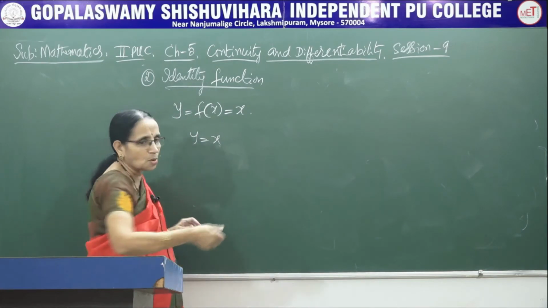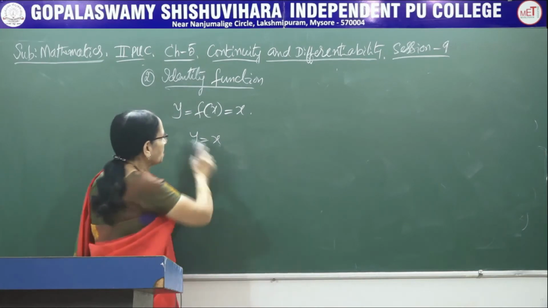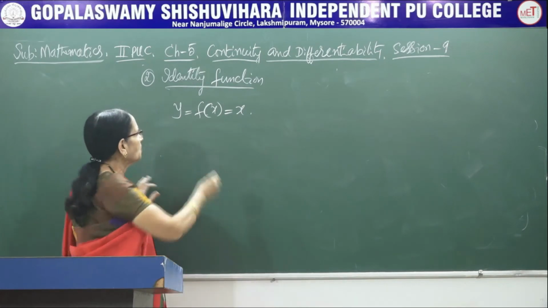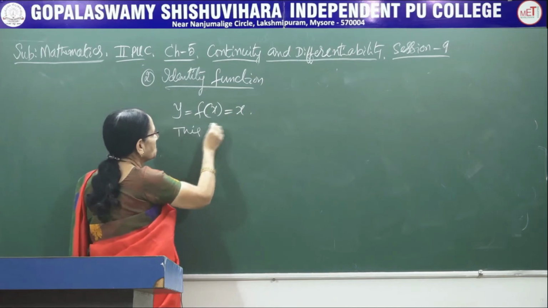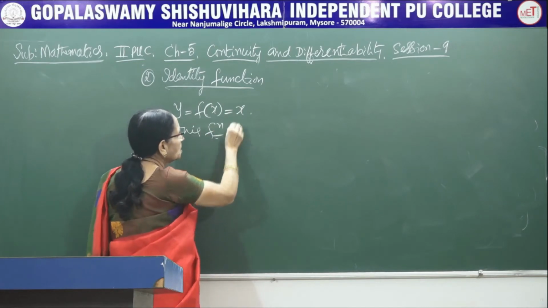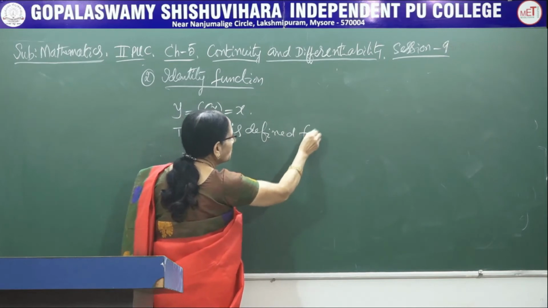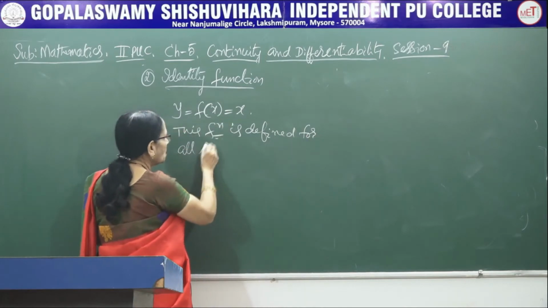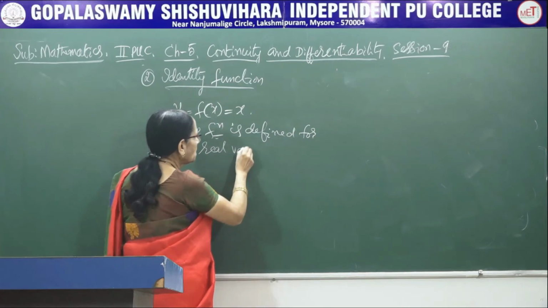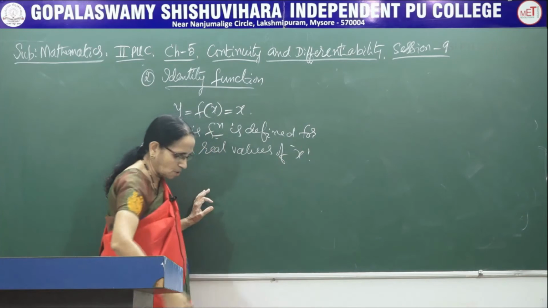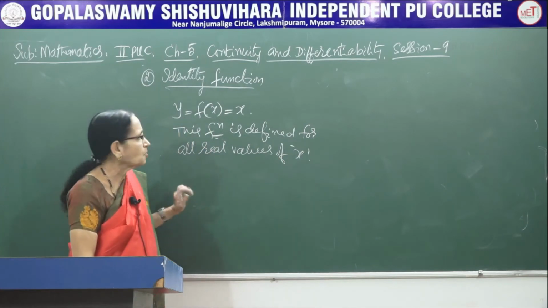Now, y is equal to x, f(x) equal to x. First you write, this is called an identity function. This function is defined for all the real values of x.